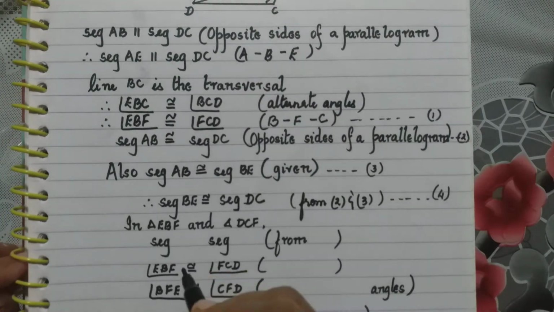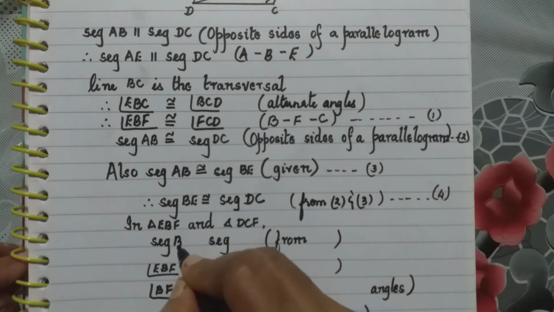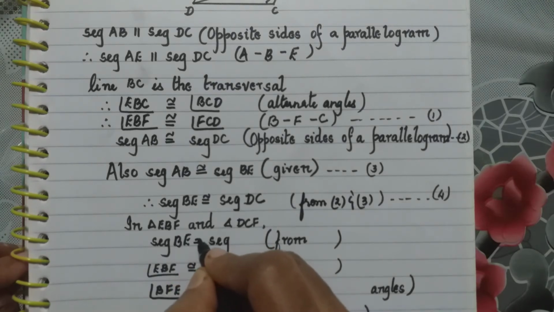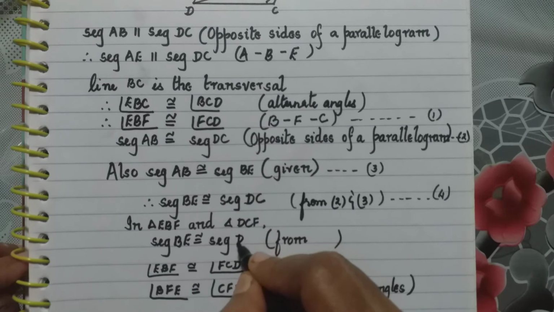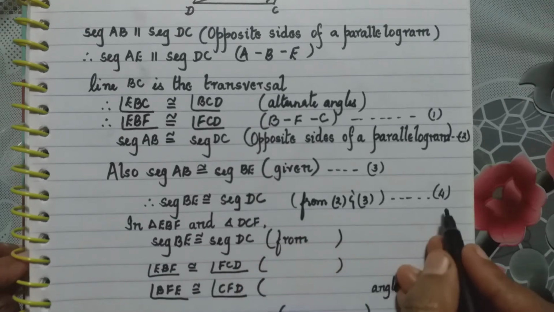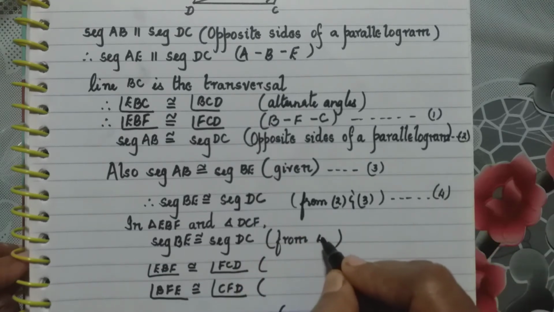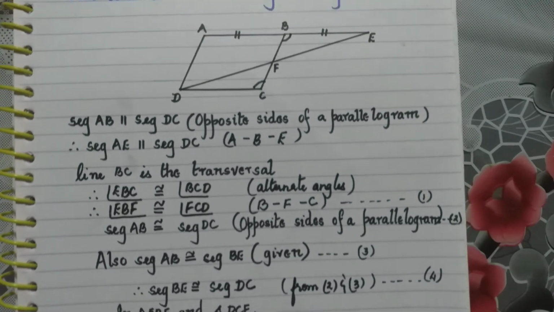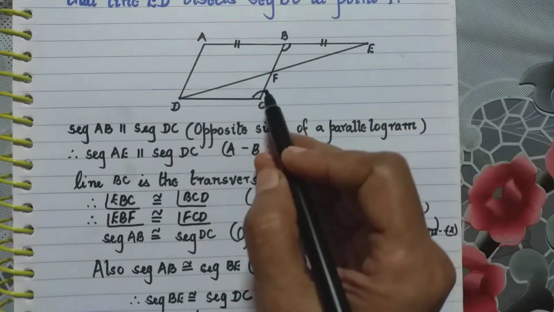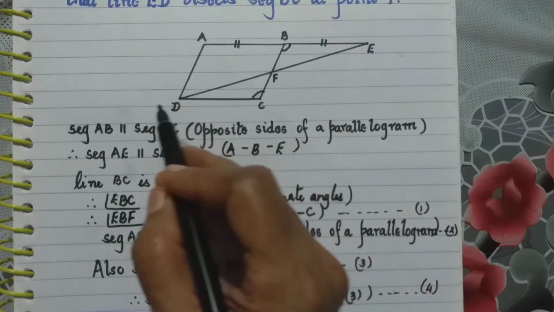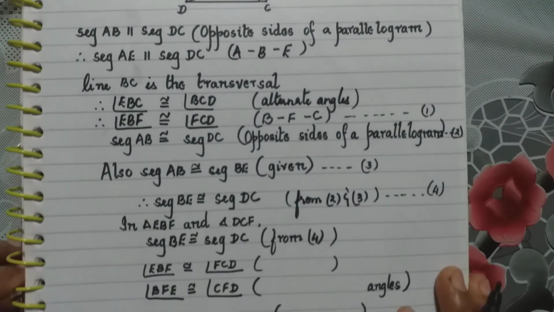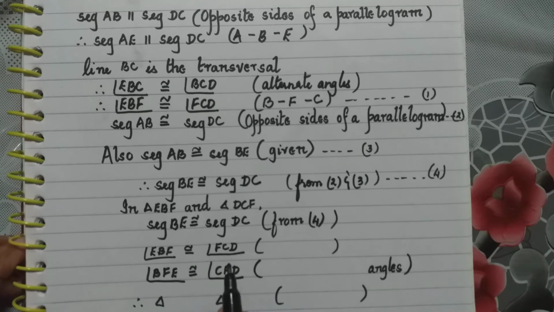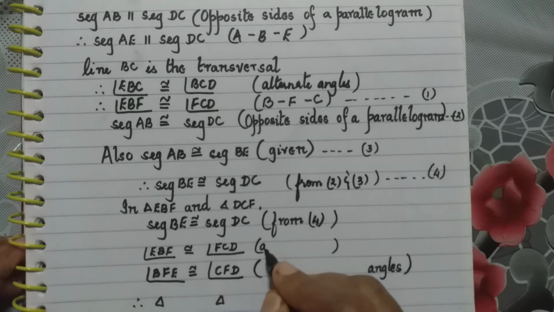So segment BE is congruent to segment DC. From where did we get? From 4. After that, we also have angle EBF is congruent to angle FCD, right? There, how did we get it? By alternate angles.